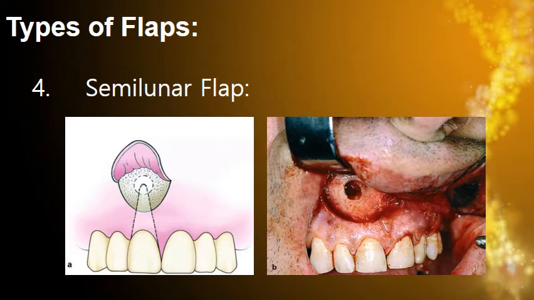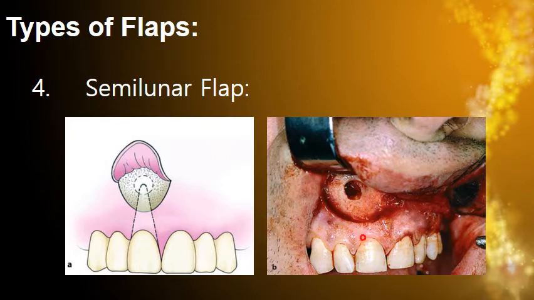Another type of flap, and this is the final type, is the semilunar flap. This flap is the result of a curved incision which begins beneath the vestibule, like we see here. It begins beneath the vestibule in a bow-shaped course with the convex part toward the attached gingiva.